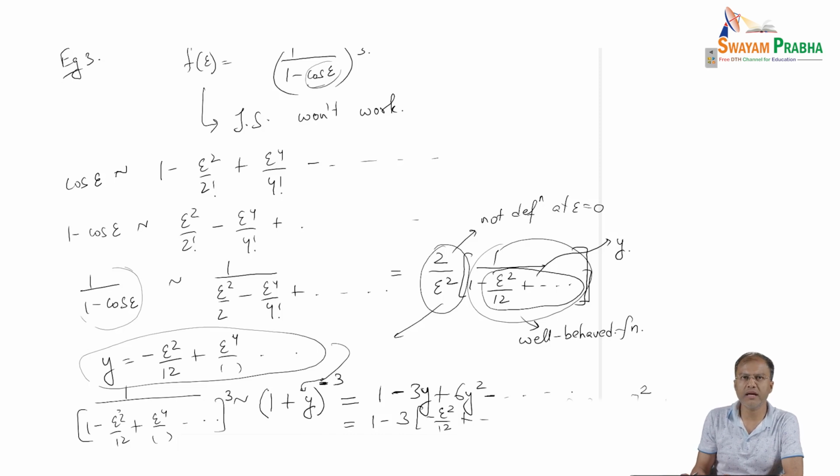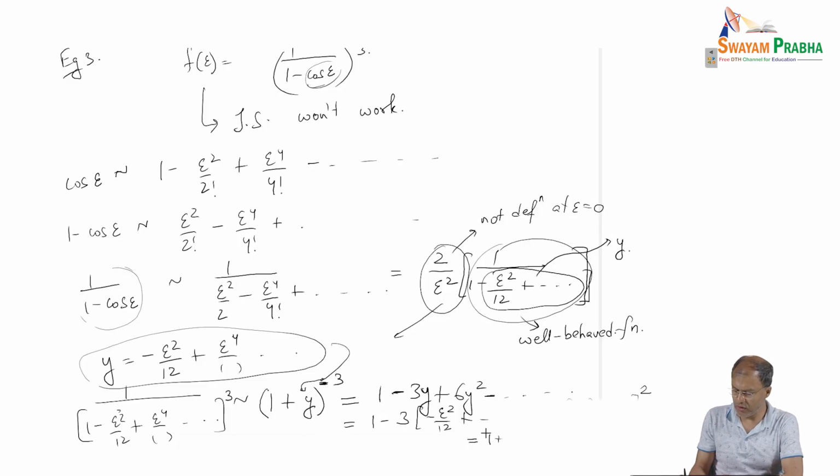And then we can continue writing the factors in this power. So now we can start to expand this factor. This factor will be 1 plus epsilon square by 4, and then we can have the higher powers and so on and so forth.